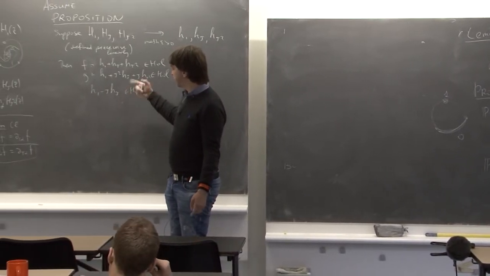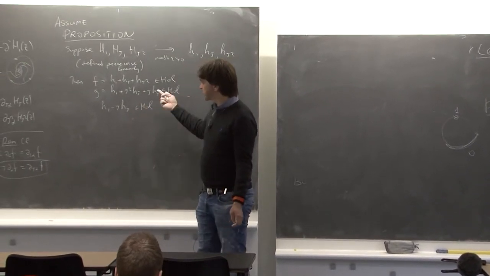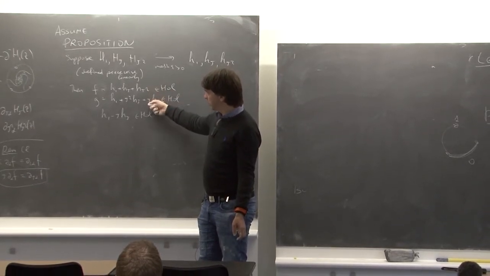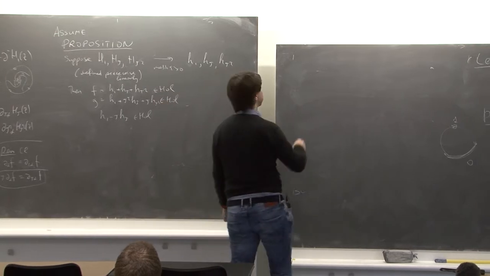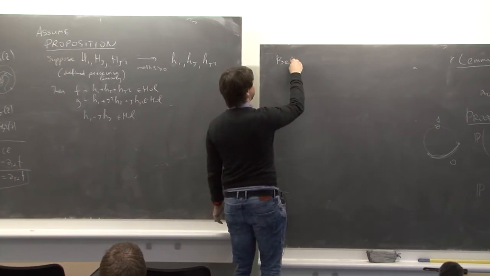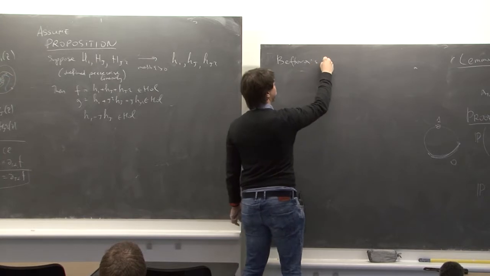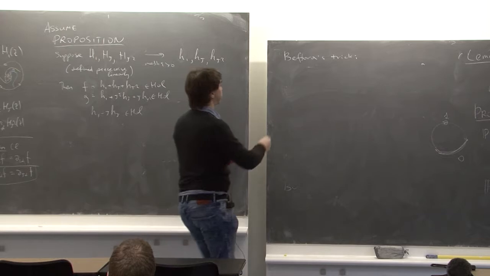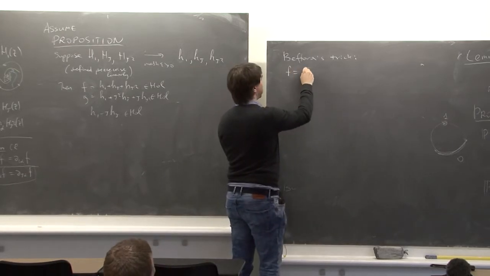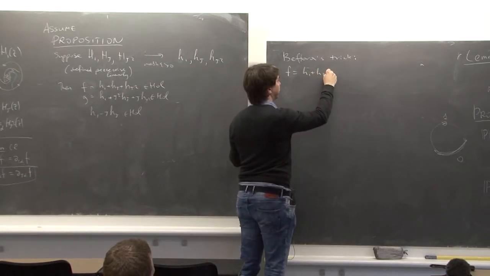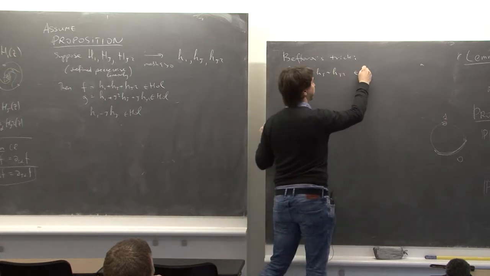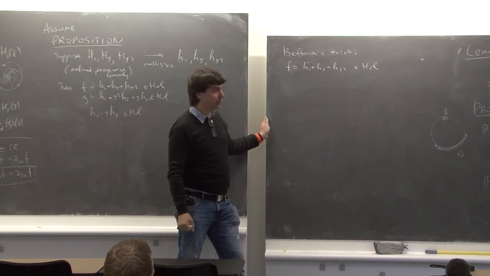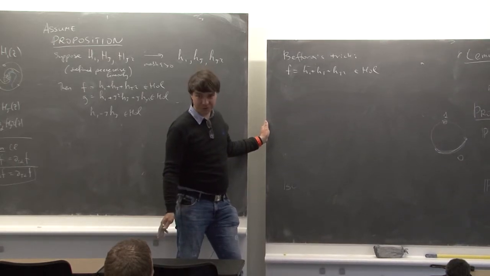It's a bit easier, and this was a neat trick observed by Befara, to work with these 2 functions. So, let's say, Befara's trick. Let's consider function f, so f equal to h1 plus h tau squared is holomorphic. As you correctly observed, being real and holomorphic, it means that it is a constant.